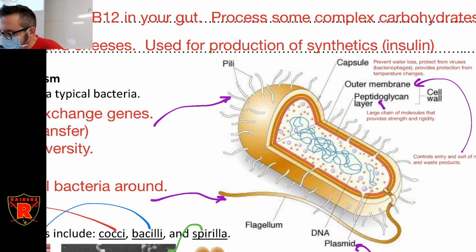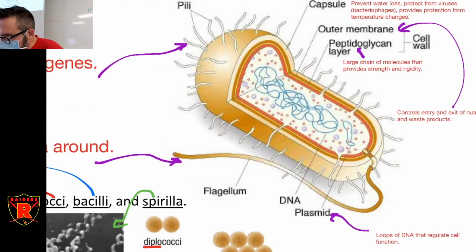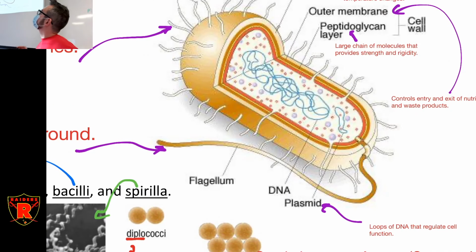In the middle, I'm trying to figure out where to start here. They have some DNA. Gotta have that. All living things have that in the middle, even some non-living things like viruses. You gotta have some DNA. That encodes for the building of all the different pieces of the bacterium.